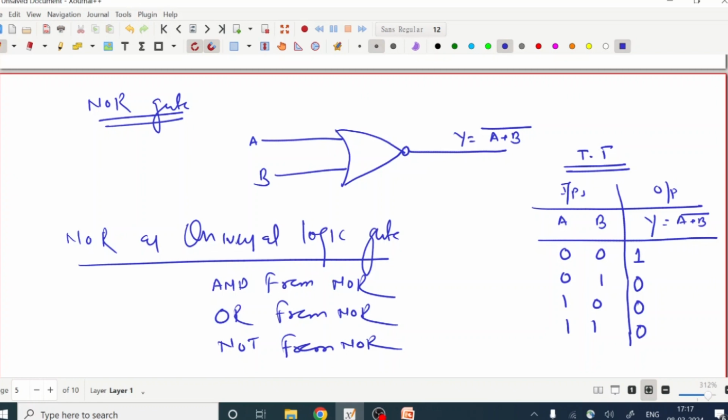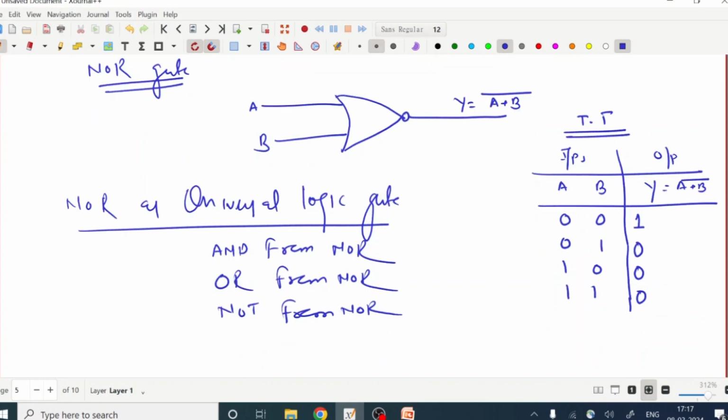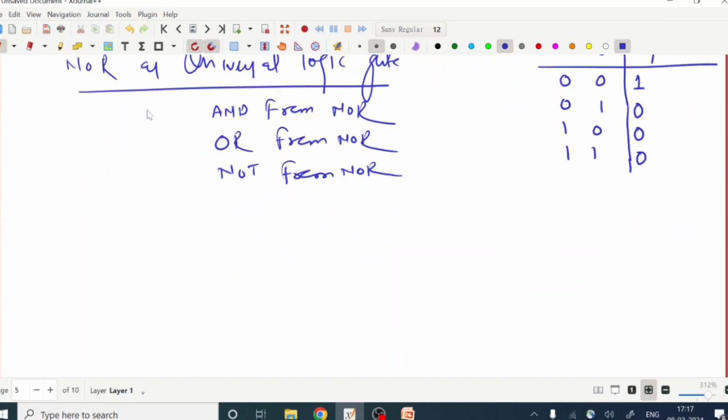So when we design AND, OR and NOT, all three basic logic gates, by using only NOR gate, this proves that NOR is a universal logic gate.